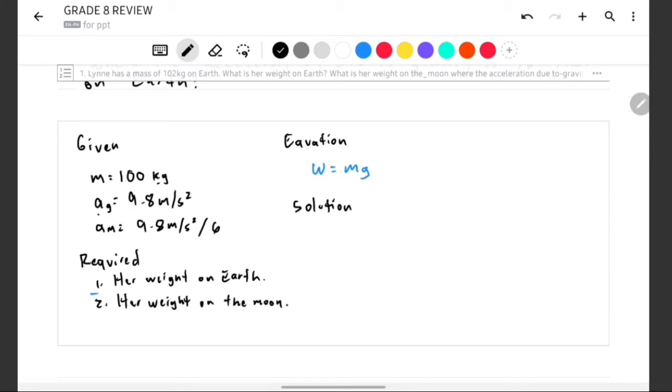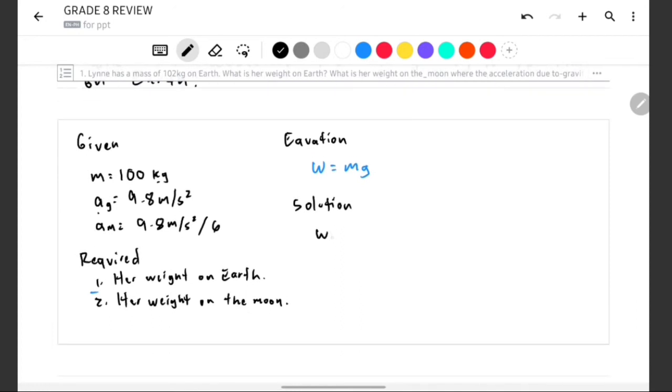So, for solution, we have to find for W1, since yan yung first na required natin, is equal to, what is her mass? 100 kilograms. Sinubstitute lang natin yung mass niya. Times, what's the acceleration due to gravity or yung G? Since nasa Earth pa siya, that's 9.8 meters per second squared.